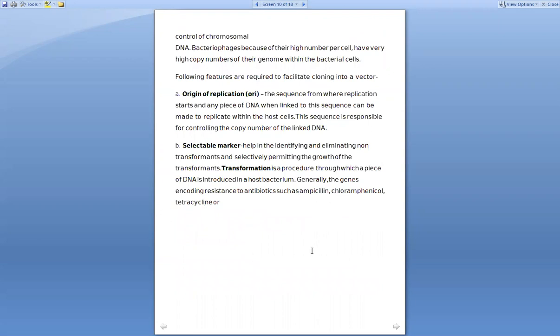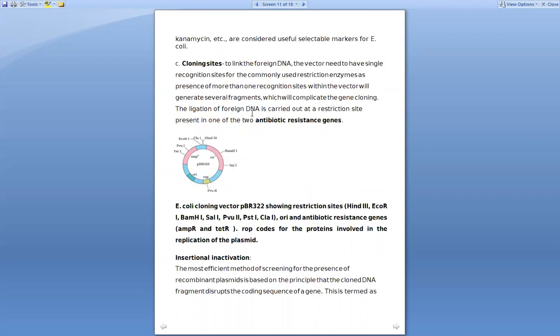These are the two main antibiotic resistant genes observed in plasmids. So when we talk about transformation, these selectable markers contain antibiotic resistant genes, which are considered selectable markers specific for E. coli, that is Escherichia coli, right?